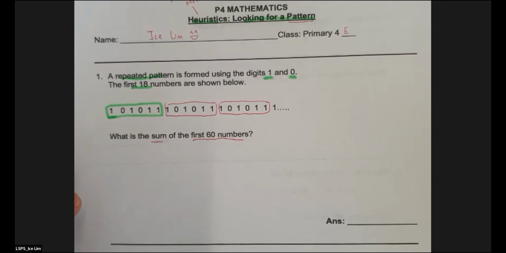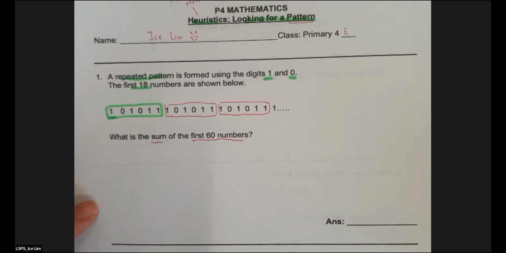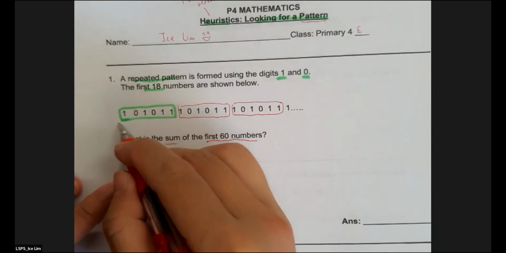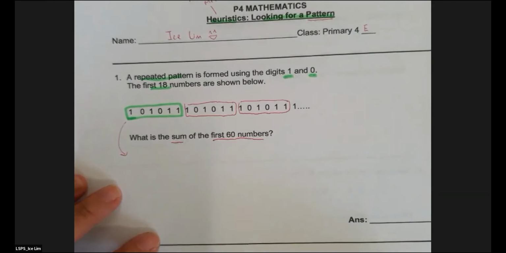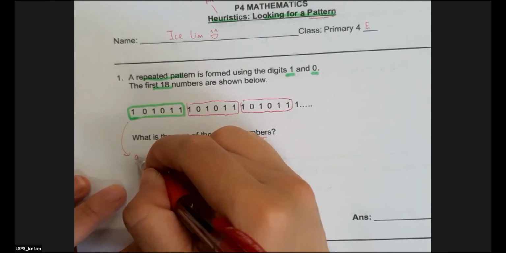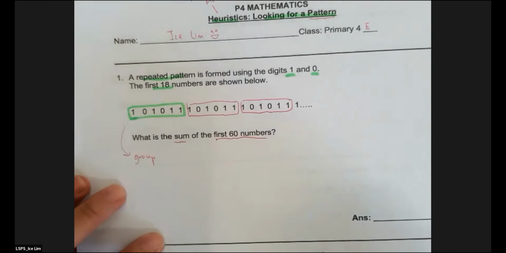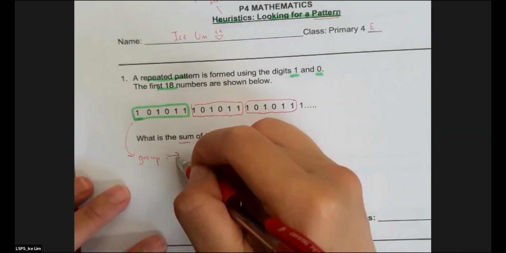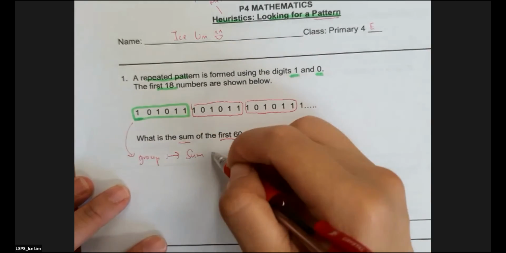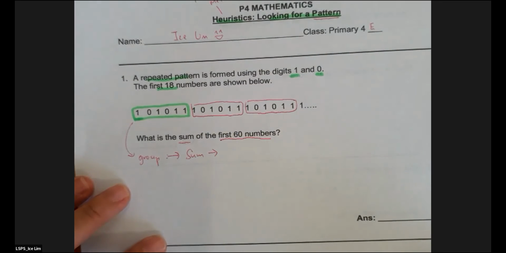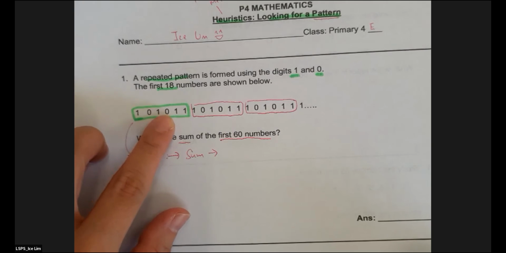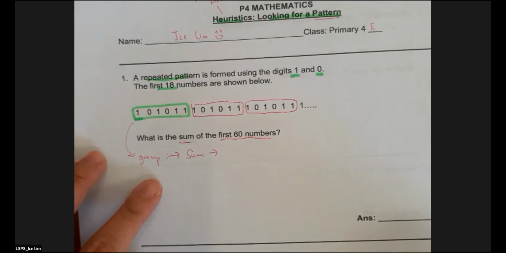Okay, so Edmund says in one unit, one group, the sum is, because there are 4 ones: 1 plus 0 plus 1 plus 0 plus 1 plus 1 plus 0. Basically, there are 4 ones.